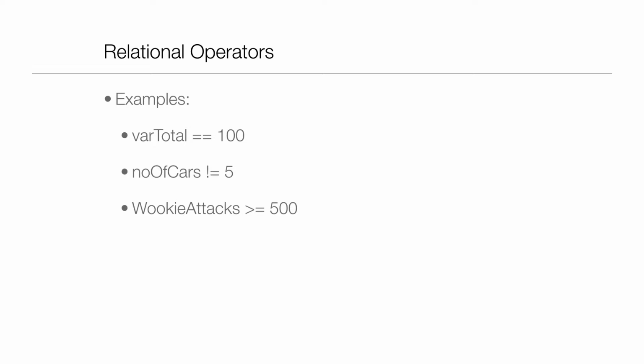So var total == 100. In Java, you have to put double equals if it's a comparison. An equal sign by itself is an assignment statement. So if you had the line var total = 100, that would actually store the value 100 inside var total. Whereas if you say var total == 100, that's a comparison.